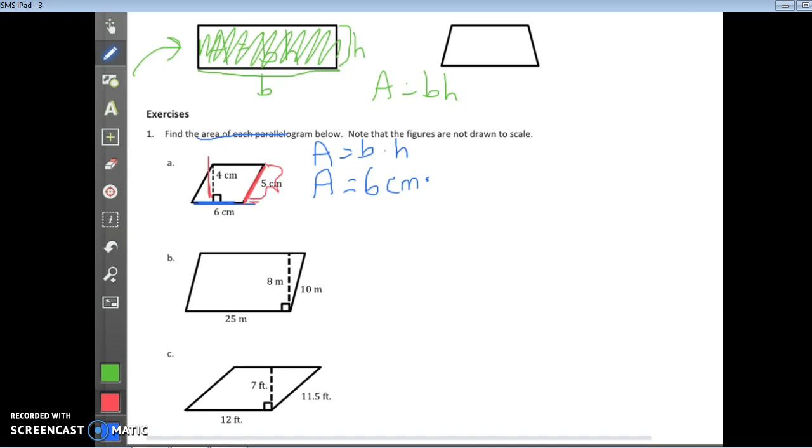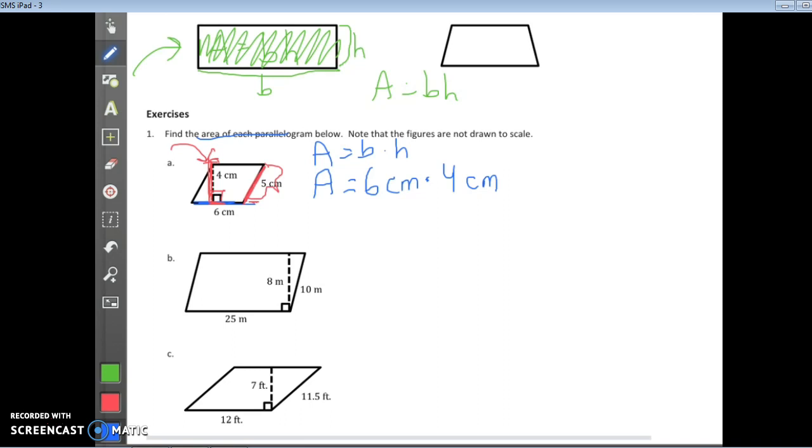The height is this perpendicular line that goes from the bottom to the top. It's vertical. It forms perpendicular lines that the right angle shows us there. So the height of this is 4 centimeters. Not just 4, because 4 is just a number. 4 centimeters is actually a length, and that's what we want to know.